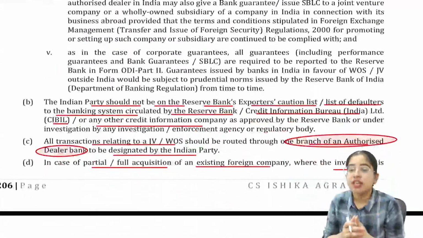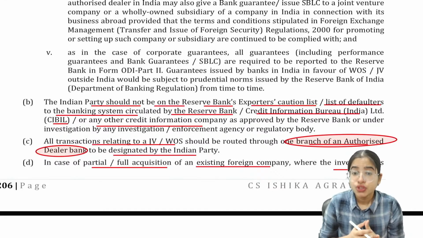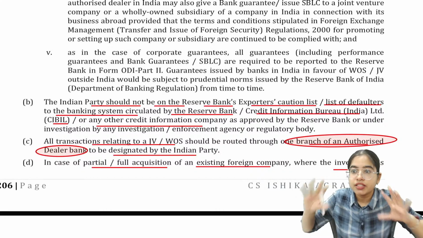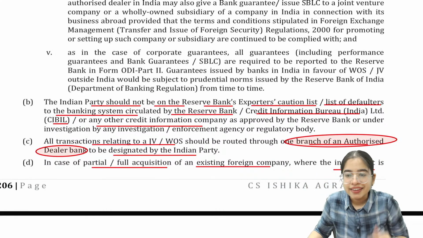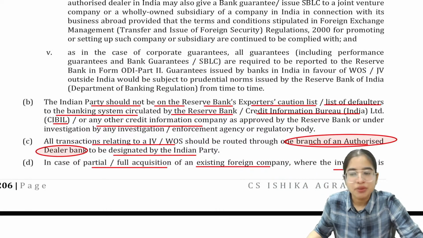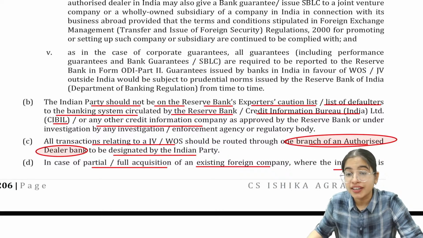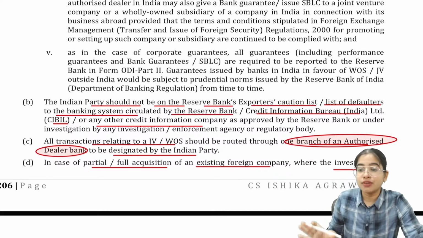The next point is, if your Indian party who's making investment outside India is in the list of defaulter, then you cannot make ODI. So basically, RBI will check that you should not be a defaulter. You should not be in the RBI list of defaulter.